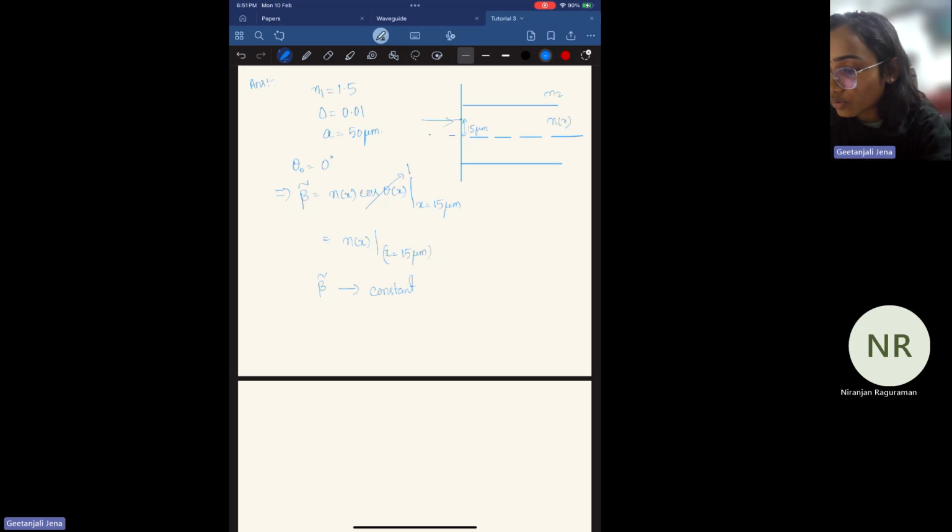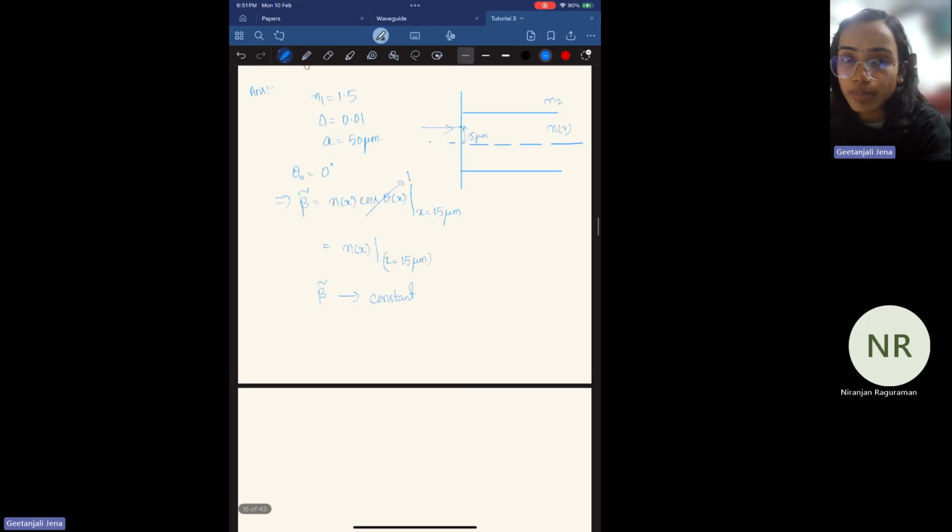So at x equal to 7.5 micrometer, where we want to find the angle, the beta tilde will also be equal to n(x) at x equal to 15. So this must be equal to n(x) at x equal to 7.5 micrometer times cos theta(x) at x equal to 7.5 micrometer. It is asking what the angle is.